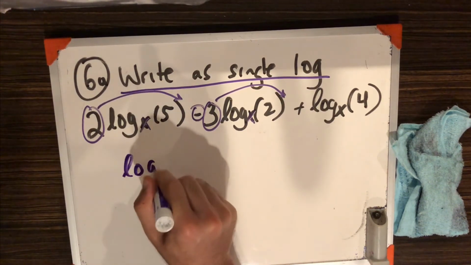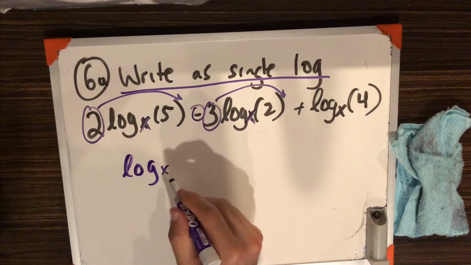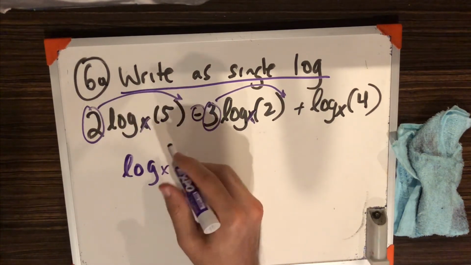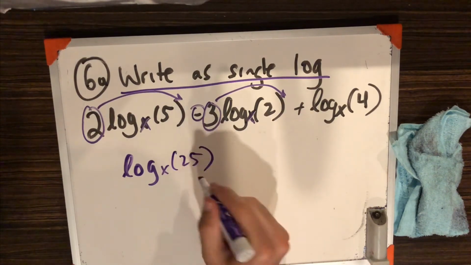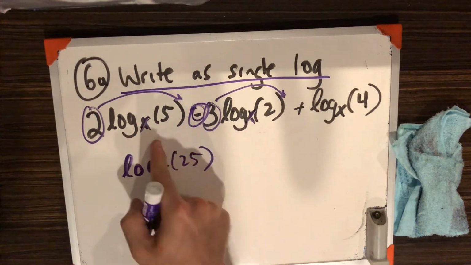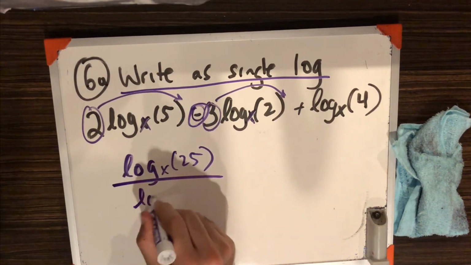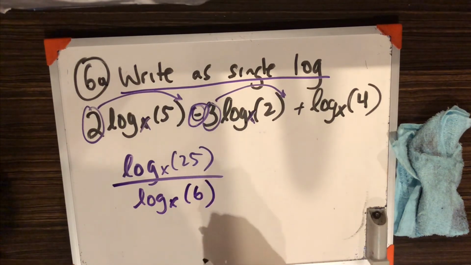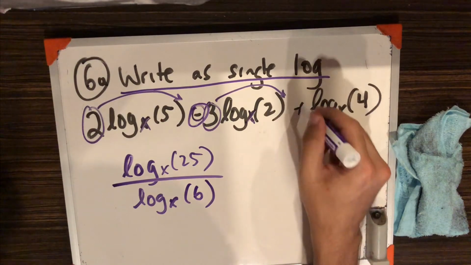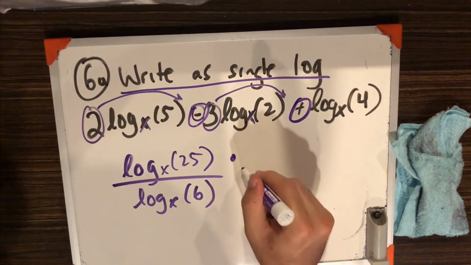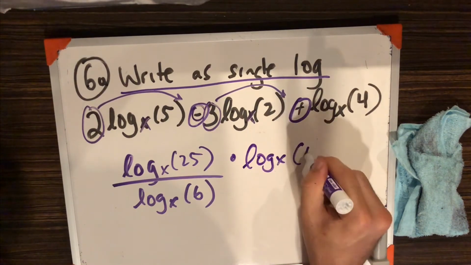So log base x of 5 squared would be 25. Again, we're dividing, or so we're subtracting. In this case, we can divide log base x of 6. We're also adding, which means we're multiplying log base x of 4.